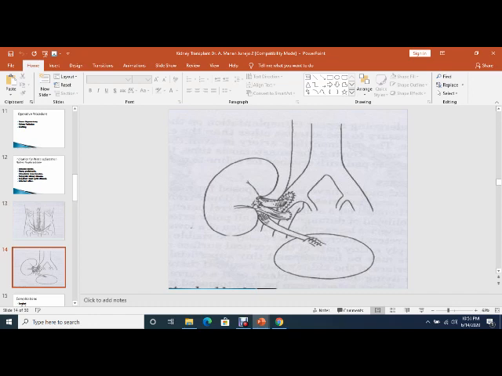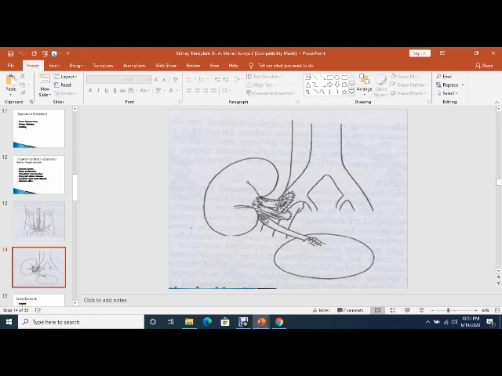So this diagram shows the renal vein, renal artery. This is a transplanted kidney. How will you do the anastomosis? The renal vein from the donor kidney is anastomosed to the recipient's external iliac vein, and the renal artery to the external iliac or internal iliac artery, and the ureter is implanted into the bladder.